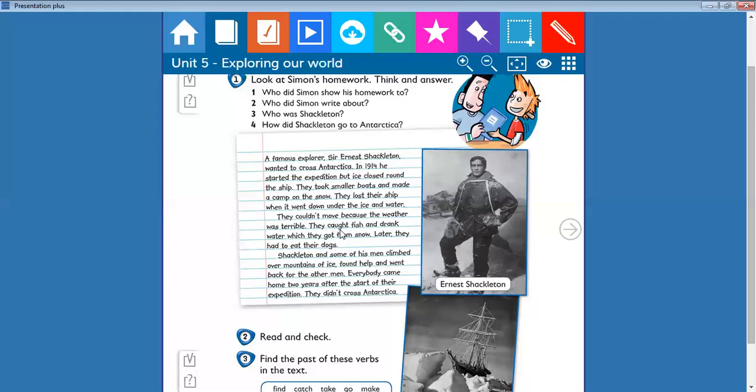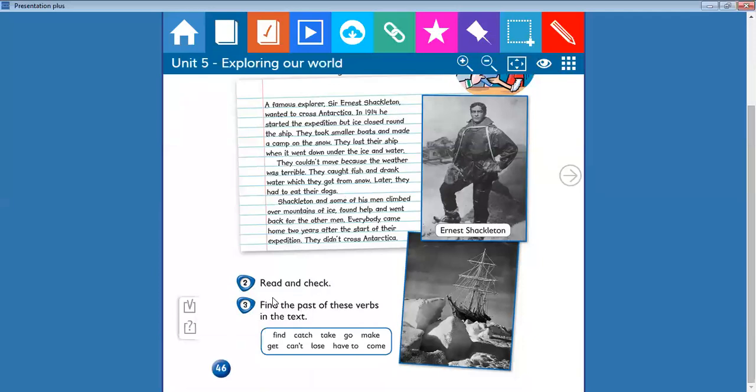First of all, they caught fish and drank water from snow because it was snowy, so cold. And later, they had to eat their dogs. There was no other food or no more food to eat, so they had to eat their dogs.